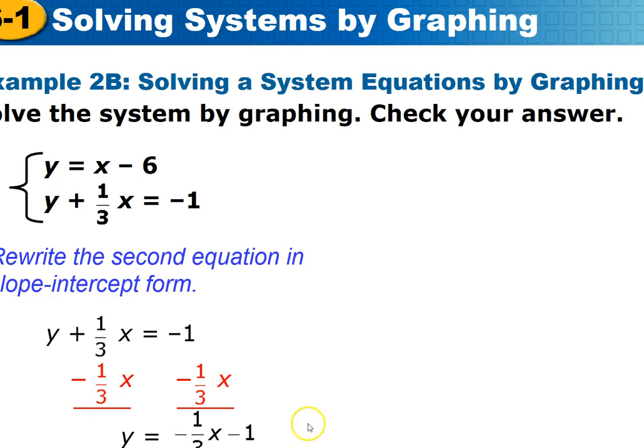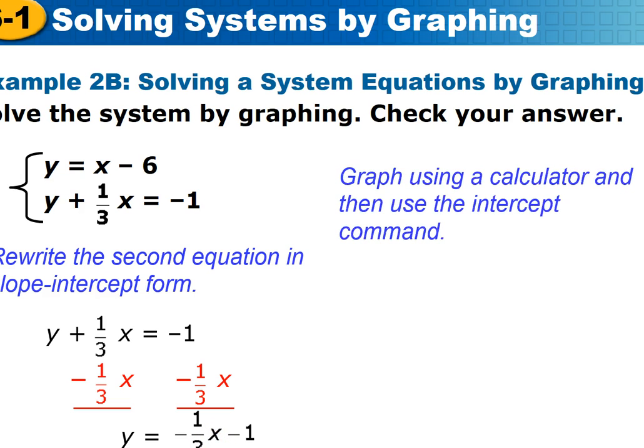This is the slope-intercept form. Remember, y equal mx plus b. You should have learned that in the first semester. y equal 1/3 x plus b. In this case, it's plus negative 1. This is your y-intercept.